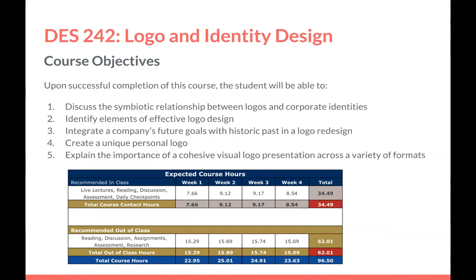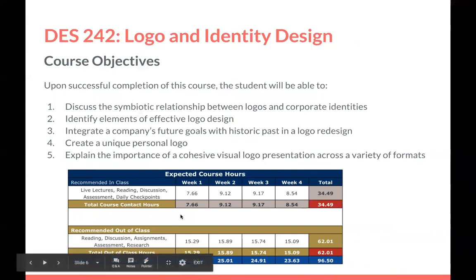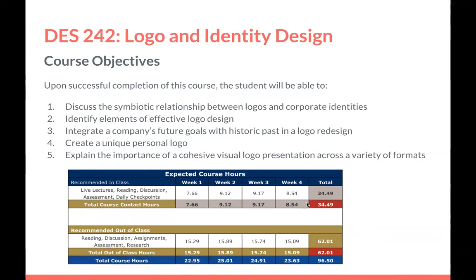So let's take a look at the expected course hours in this course. Your total course hours for all 4 weeks will probably be around 97 hours. Make sure that you're aware of the expectations. This includes about 7 to 9 hours each week between the lectures, the readings, the discussions, the assessments, and the daily checkpoints.